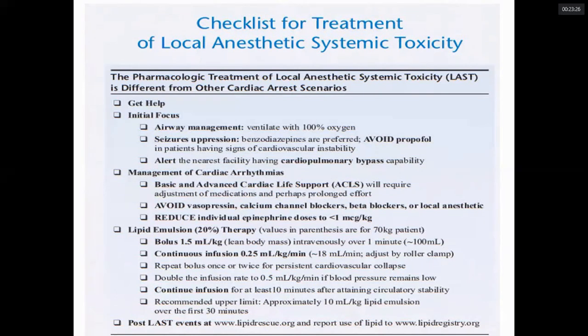This is like an antidote for local anesthetic systemic toxicity. But as mentioned, bupivacaine induced toxicity is difficult to resuscitate, and often the resuscitation is unfruitful. So the patient may require cardiopulmonary bypass also.